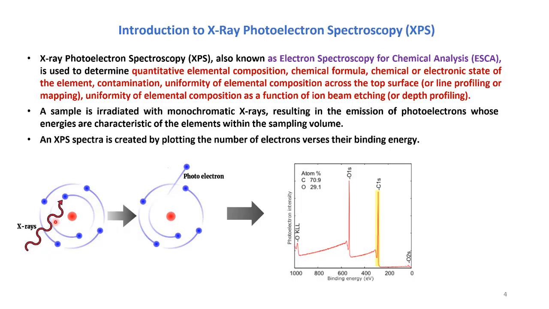Again, the idea is the same. The X-ray knocks out one of the electrons, and when the electron goes out, an electron from the outer shell falls down to the inner shell, and the energy which is radiated because of this transition is detected using the detector, and then we are able to get the peaks.